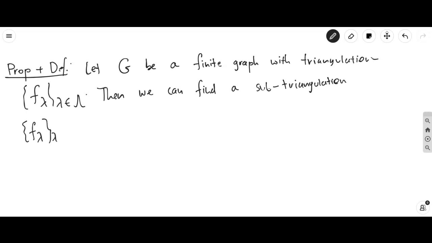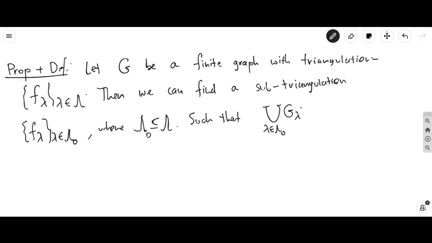F lambda, lambda in, let's say, lambda 0, where lambda 0 is a subset of lambda. So that's what we mean by a sub-triangulation. So you just have fewer of them, such that if you take the union of all of the edges in the subtriangulation, right?